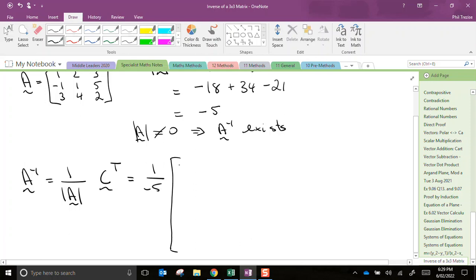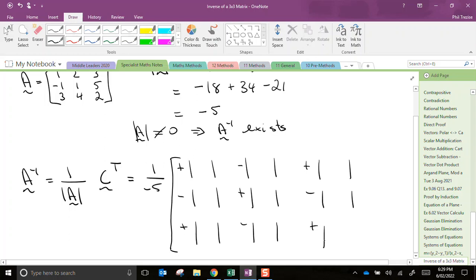The cofactor matrix is going to be a matrix of minors, and each of the minors is the determinant of the 2 by 2 matrix that remains when we isolate the particular element we're talking about. And don't forget that it's still a transpose.